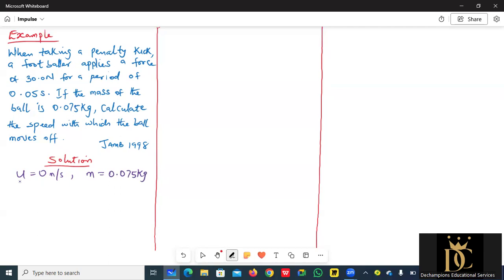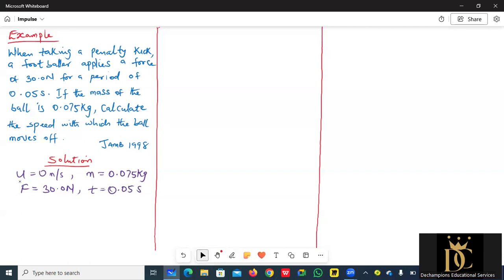And the force applied by the footballer, F, is equal to 30.0 Newton. That is the force applied to kick the ball. And the time taken by the footballer for applying the force, T, is equal to 0.05 seconds.